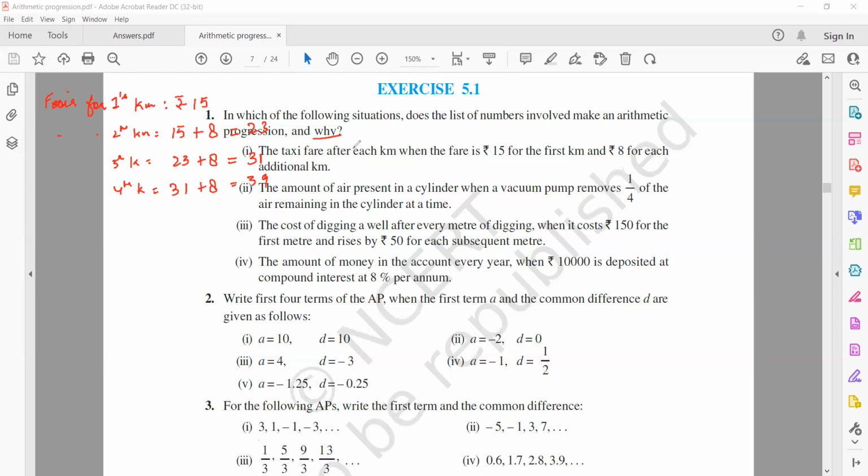Now how will you write? You have to write properly. So we observe there is a constant number or fixed number which is added after every kilometer, or which is added to each term, to every term, right? So it forms an AP.